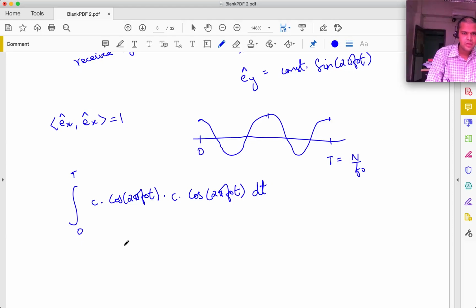So I end up with c squared times the integral from 0 to T of cos squared 2 pi f0 t dt.